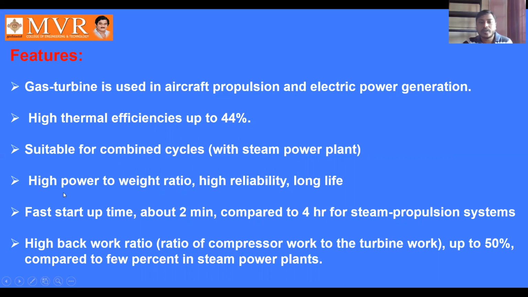They have a high power to weight ratio, high reliability and long life. They have a fast startup time of about 2 minutes, compared to 4 hours for a steam propulsion system. They also have a high back work ratio of up to 50%, compared to a few percent in steam power plants. These are some of the features of gas turbines.